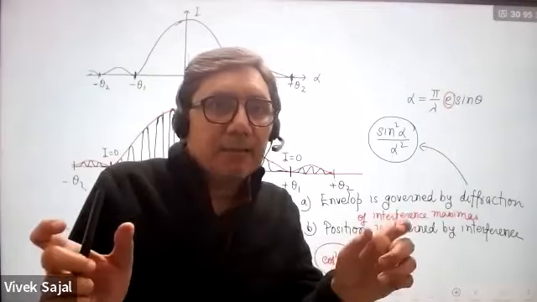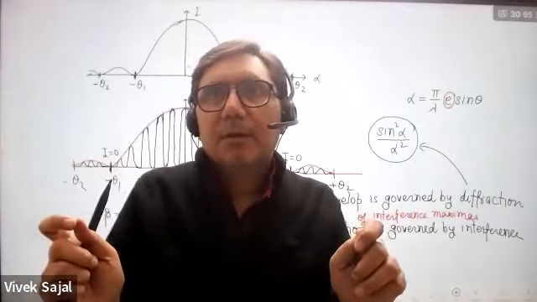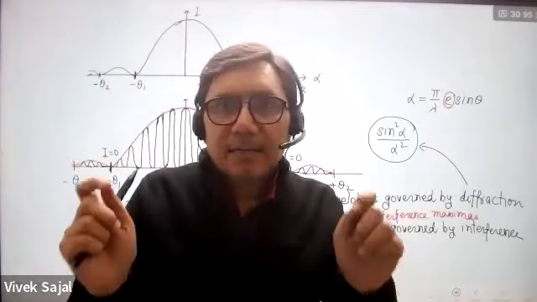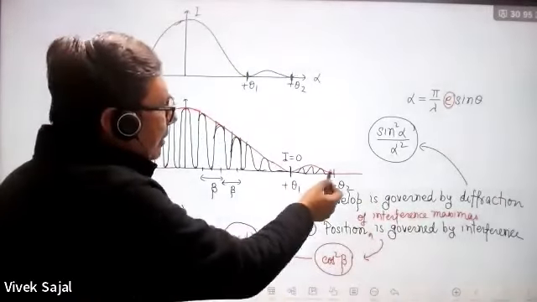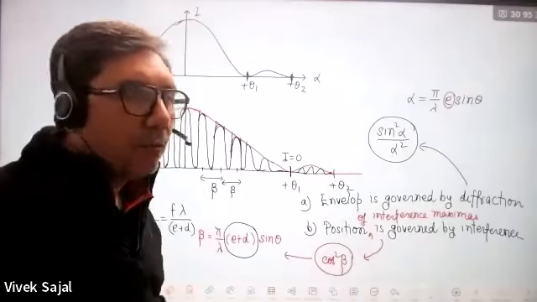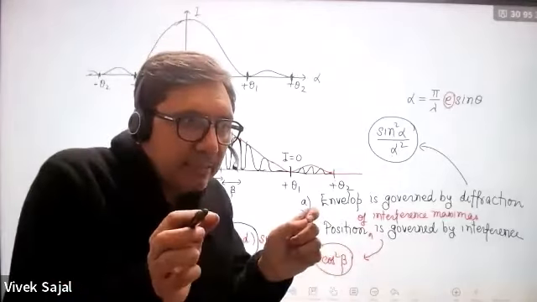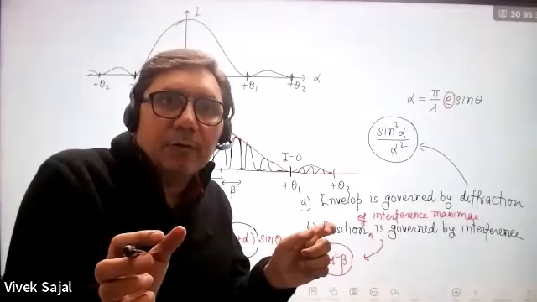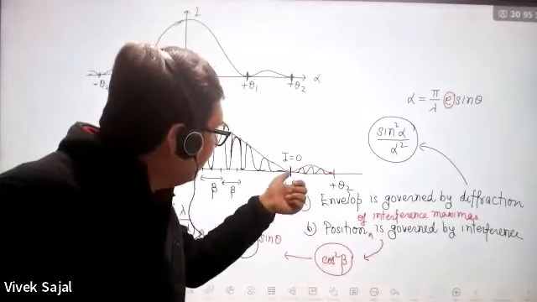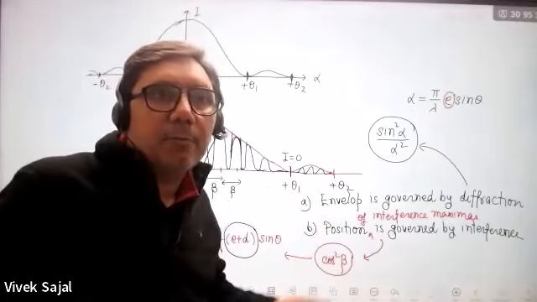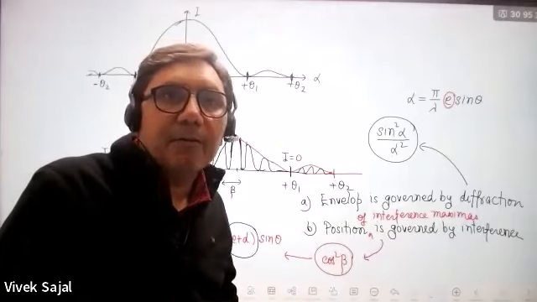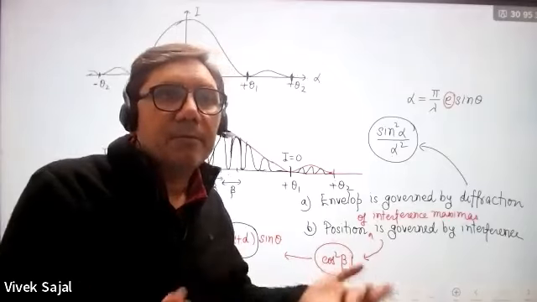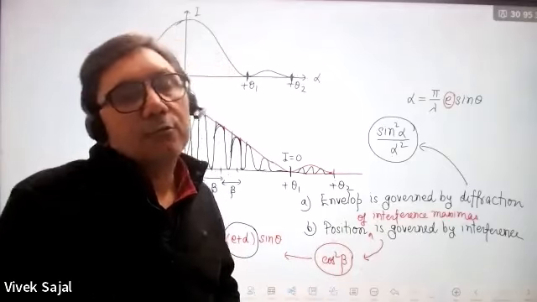When there was no diffraction, suppose interference maxima was here at theta 1 and theta 2. Now you introduced diffraction by increasing the width of the slit to the order of lambda. Then what will happen in this direction, theta 1? No light is propagating. So whatever interference maxima was appearing at theta 1 and theta 2, that is going to be missing.